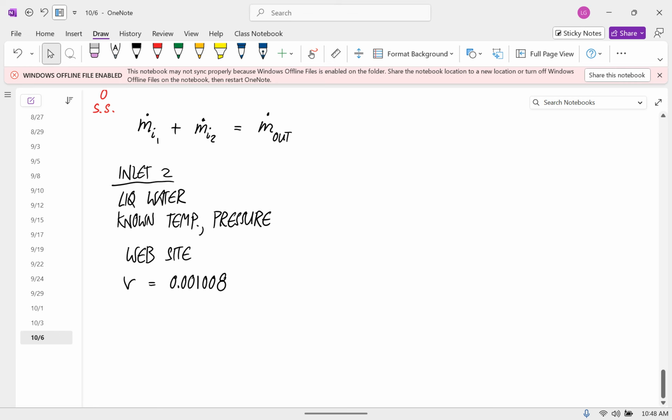And now we can say that the mass flow rate is equal to the area times the speed divided by the specific volume. We're given that the area of the opening is 25 times 10 to the minus 4. We're trying to calculate this speed.